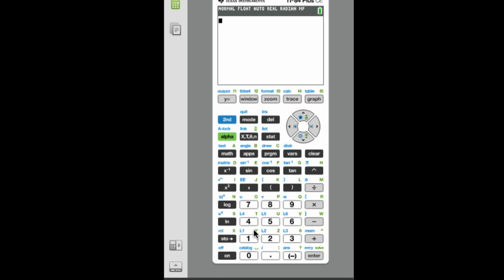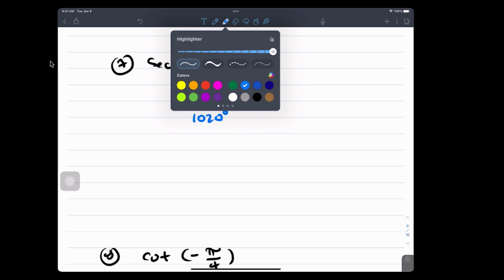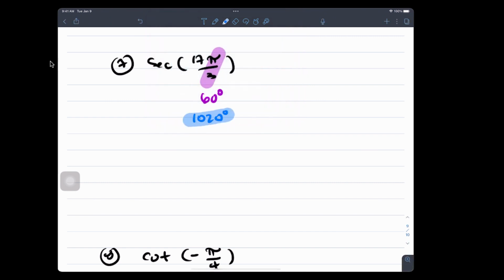Okay. So 17 times 60. And what does that give you? 1,020. Okay. So what I want to do is go back to the iPad and say this: didn't we talk about coterminal angles?